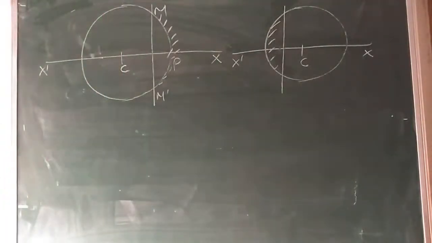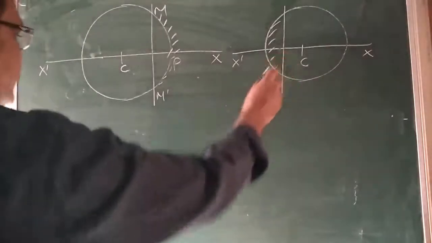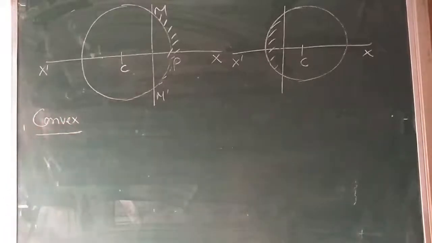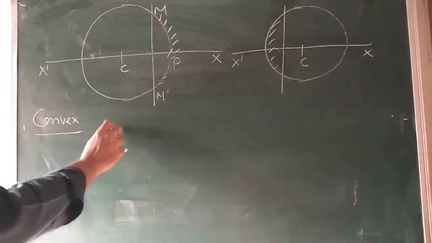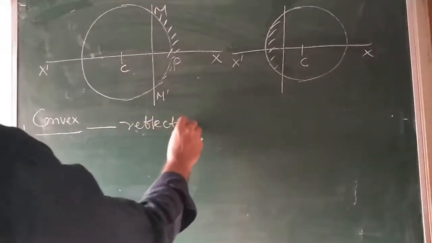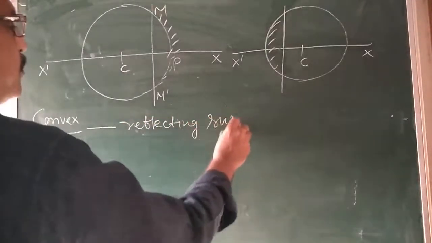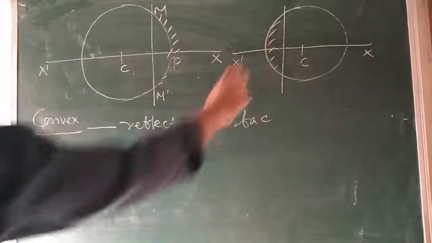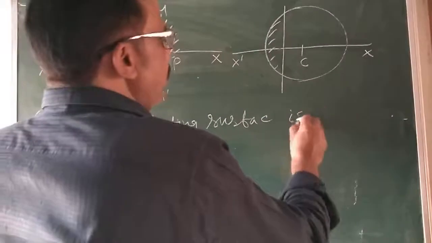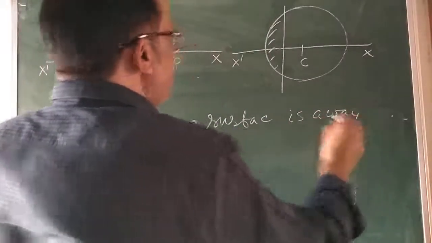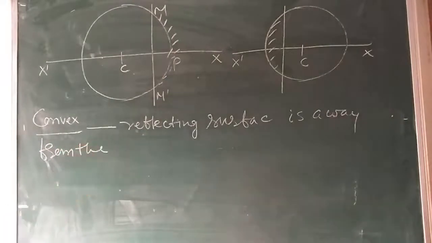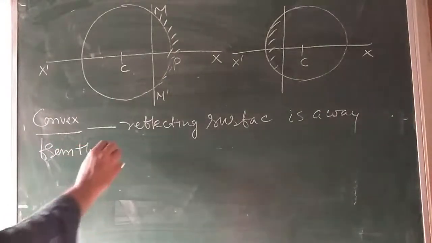So for a convex mirror I can write: a convex mirror is that spherical mirror in which the reflecting surface is away from the center of the sphere.